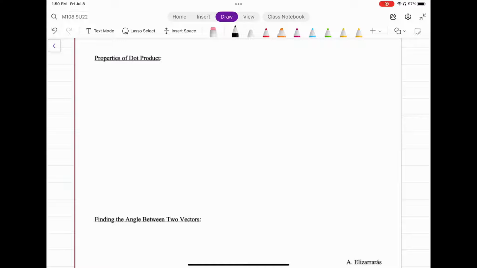Let's talk about some properties of dot products now. Let's say we have vectors u, v, and w, and scalar c. When you take vector v times vector w, that is equal to vector w times vector v.